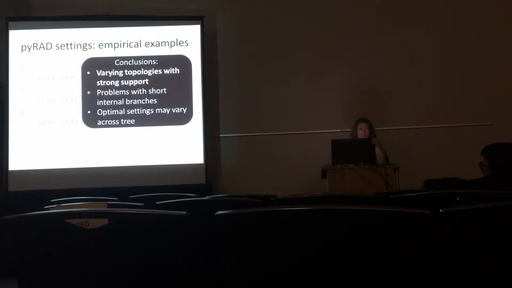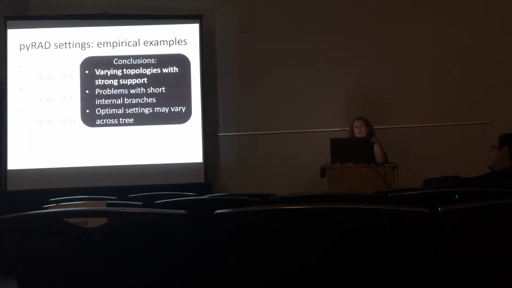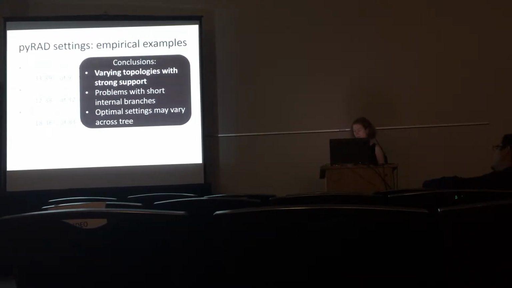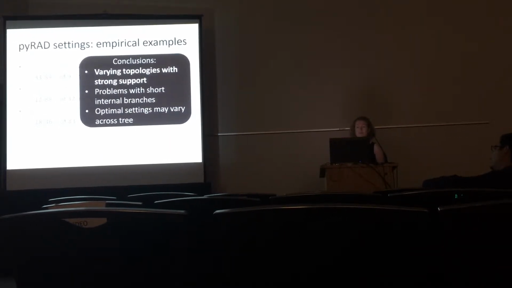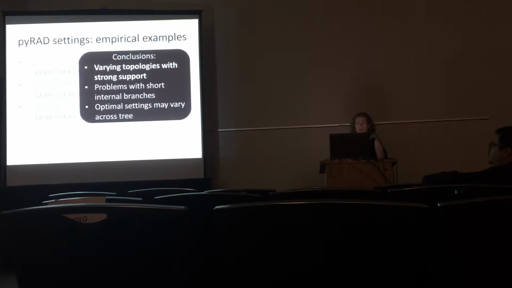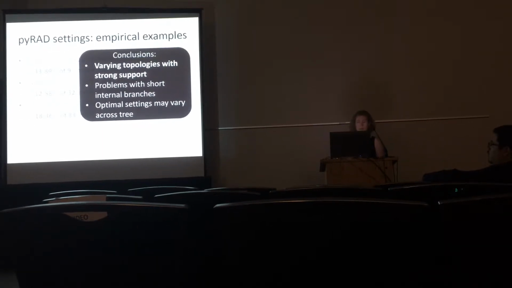And that's obviously a source of concern, but we're not talking about the entire phylogeny reshuffling. It's more that specific relationships are ambiguous. And what is probably not surprising is that those are often associated with short internal branches, so those have been problematic for phylogenetics in general. Another conclusion is that the optimal settings may vary across the tree, so not just between different taxonomic groups, but also within.